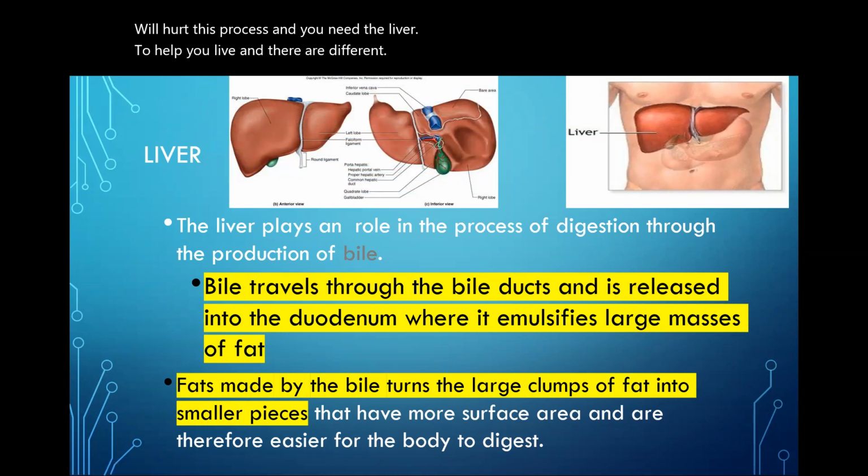You can live with part of your liver, and your liver is one of the only organs that regenerates. But we don't need those things to happen. So this is why you should take care of it while you have it.